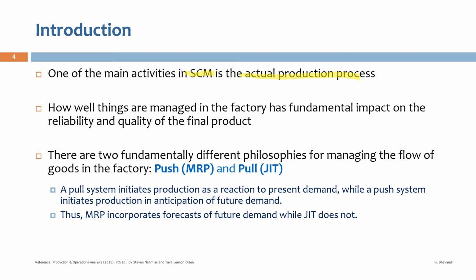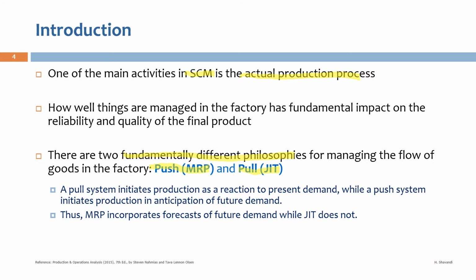Okay, so there are two fundamentally different philosophies for managing the flow of material and sub-assembly parts and goods in a manufacturing environment, and they are push or MRP and pull or just in time, JIT. So these two philosophies are completely different.